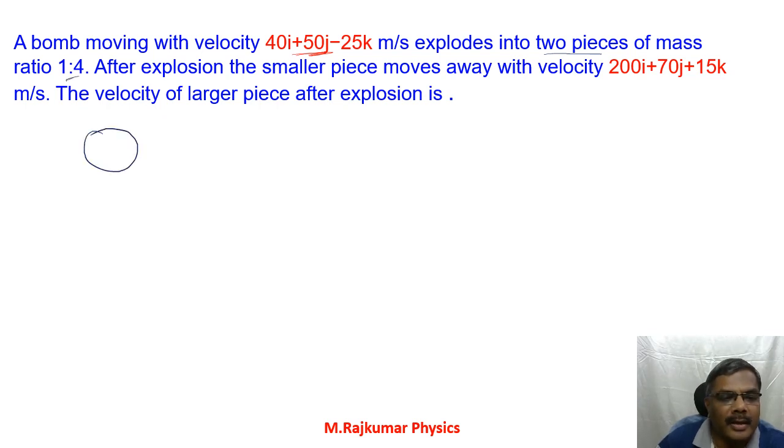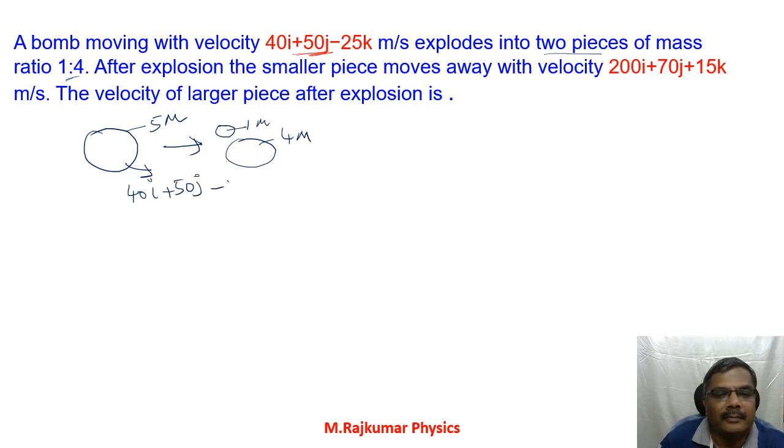It means the mass of the bomb is 5m, and it explodes into two pieces, one of mass m and the other of mass 4m. After the explosion, the smaller piece moves with the velocity 200i plus 70j plus 15k.